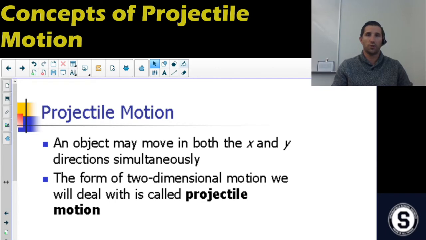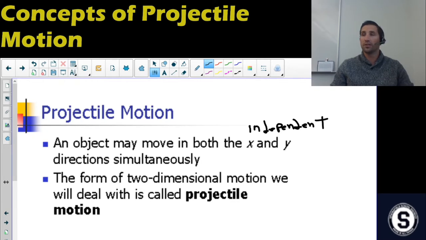So we need to make sure that we understand what that means. They have no effect on each other at all. So they're totally independent or separate from each other. So what's happening in the X direction and what's happening in the Y direction, totally independent. They don't affect each other in any way.